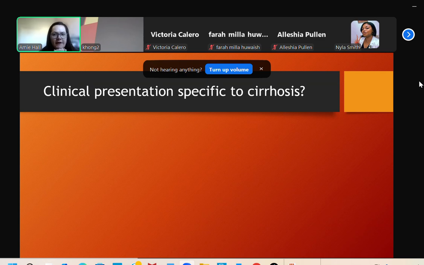Right, so we might see an enlarged, swollen abdomen that could indicate ascites. They have an enlarged, swollen abdomen and they are not pregnant, but they look like they could be pregnant because they have so much fluid buildup in their stomach. That would be specific to cirrhosis. The other one is that when bilirubin accumulates in the body, the patient will turn yellow.